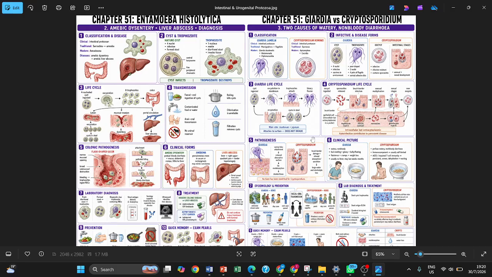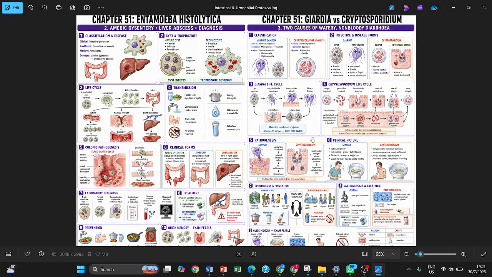So the primary transmission of the first three organisms, that's your Entamoeba histolytica, Giardia lamblia and Cryptosporidium hominis, is fecal-oral route. And that's why, if you're reading your literature, it's mainly saying that a lot of people affected are homosexuals, because they have a lot of fecal-oral transmission happening.